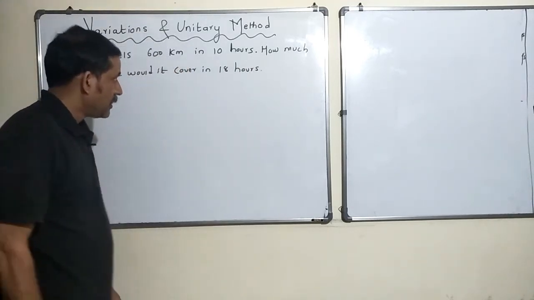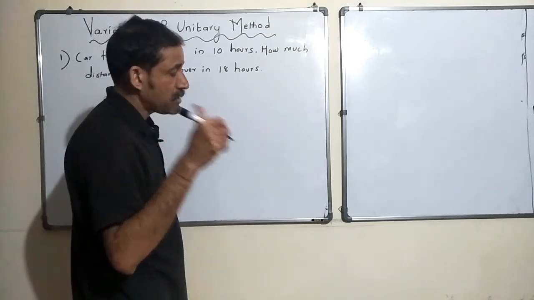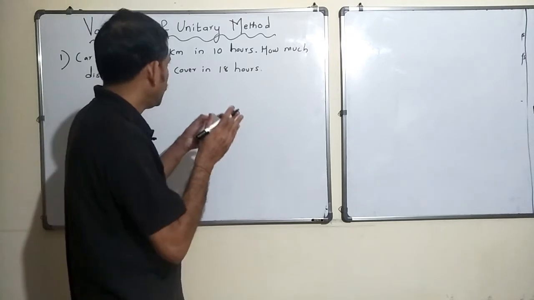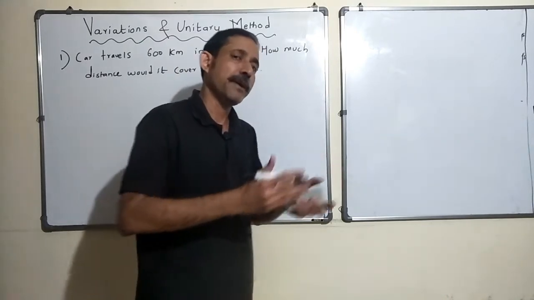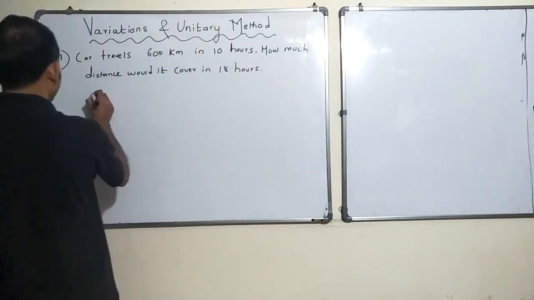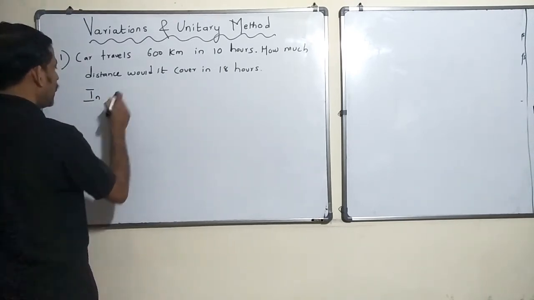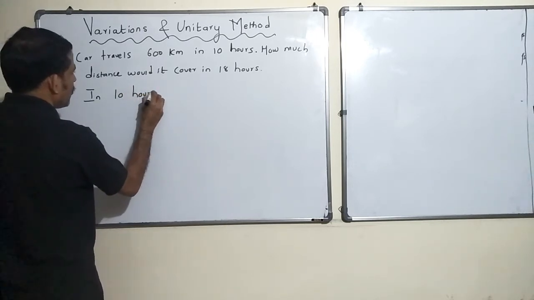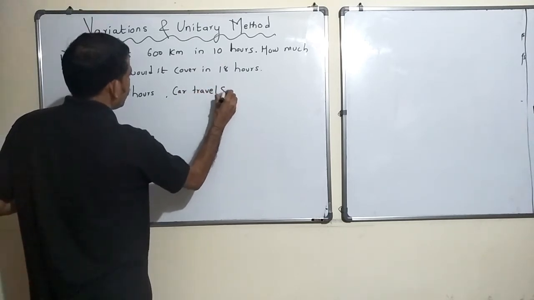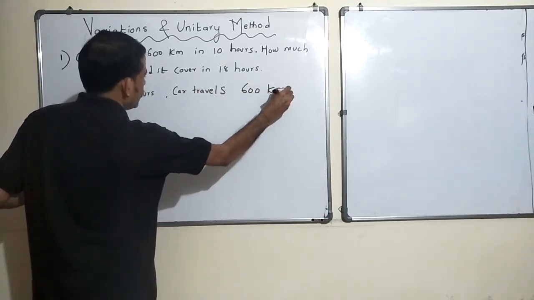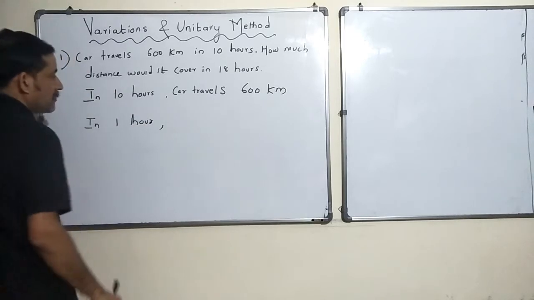Now let's try using the unitary method. We'll find out how much it covers in 1 hour, and then we will find out how much it covers in 18 hours. So in 10 hours, the car travels 600 kilometer. So in 1 hour, 1 hour is nothing but 10 by 10.